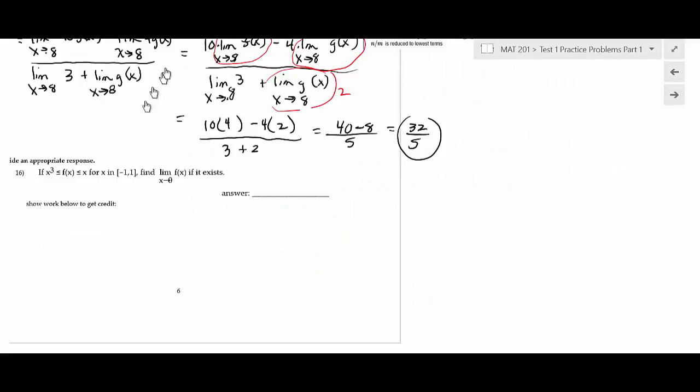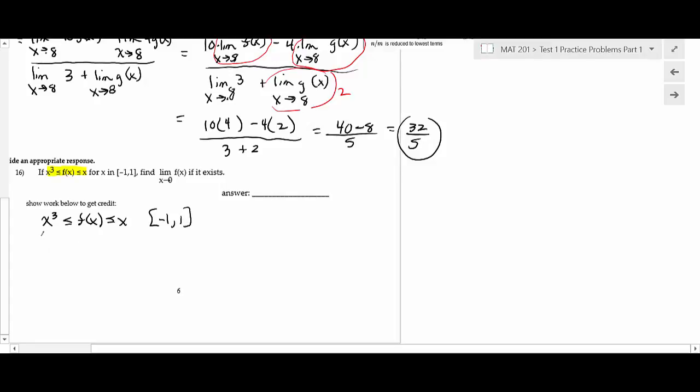Okay, the next problem is applying the squeezing theorem. Now, at this stage, it's not your job to figure out two functions that f of x is squeezed in the middle of. I'm giving that to you. So the idea is, since we know that the function is squeezed in the middle of x to the third and x in this interval -1 to 1, what we can look at is the limit of these endpoints.